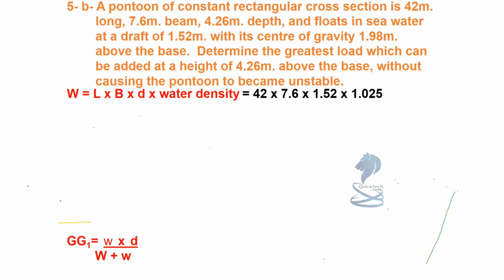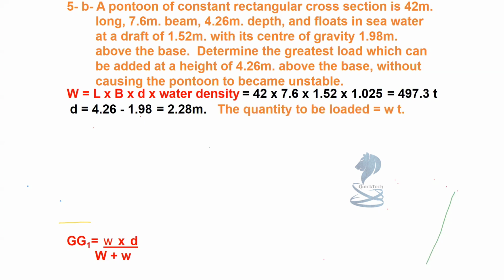As we know, W is equal to length into breadth into draft into water density. Thereby 42 into 7.6 into 1.52 into 1.025 is equal to 497.3 tons. D is equal to 4.26 minus 1.28 is equal to 2.28 meters.